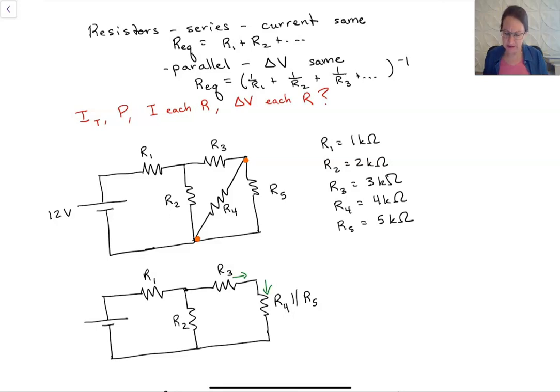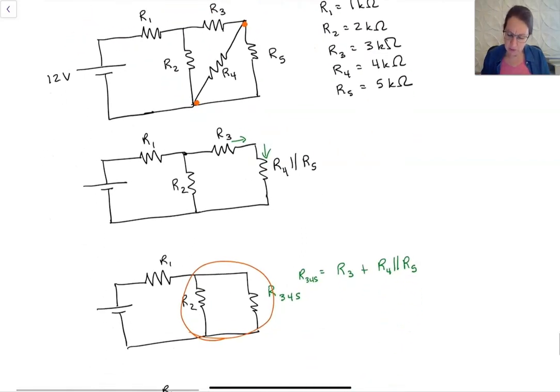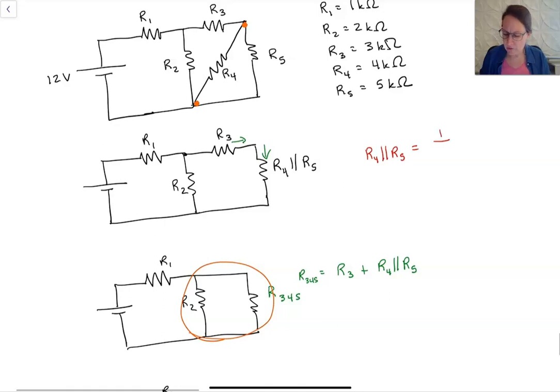So as we have R4 in parallel with R5, that equivalent resistance is equal to 1 over R4, which is 4 kiloohms, plus 1 over 5 kiloohms. You can write this all as kilo, or you can realize by the time we invert it again, we're going to be back to kiloohms.